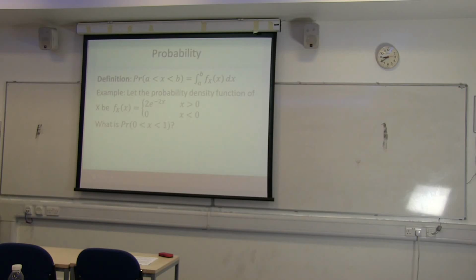Now there is a difference here: the capital X is the random variable, and the small x is the variable of the integration, which is x1, x2, x3, x4.